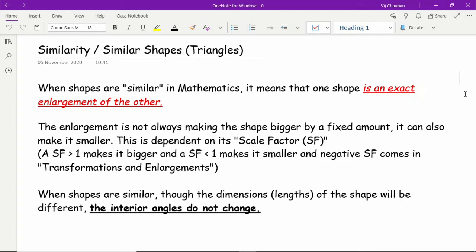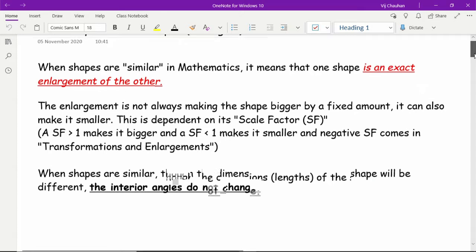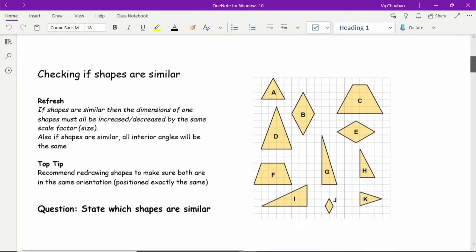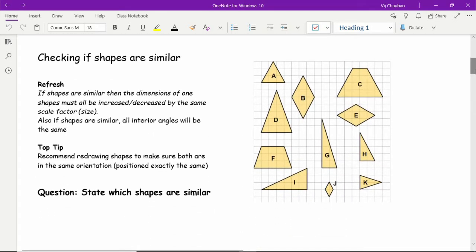It's still a rectangle. So if you were to have a shrinking gun and you were to zap an isosceles triangle, you can make that triangle bigger or smaller, but it will still remain an isosceles triangle. So the angles would stay the same as its original shape. It's a really important factor that you need to remember. So with basic questions, all you're doing here is checking to see if shapes are similar.